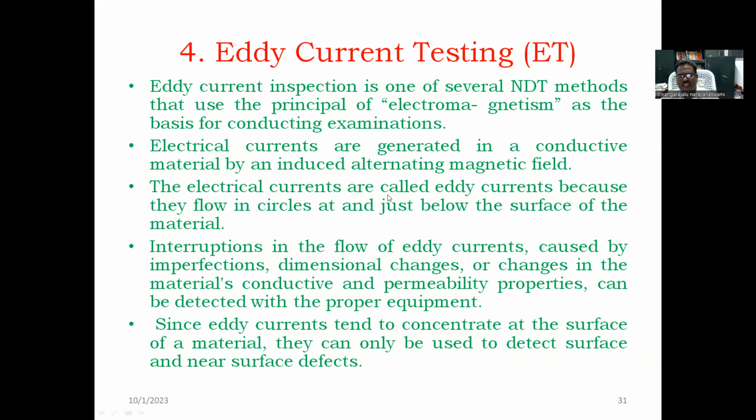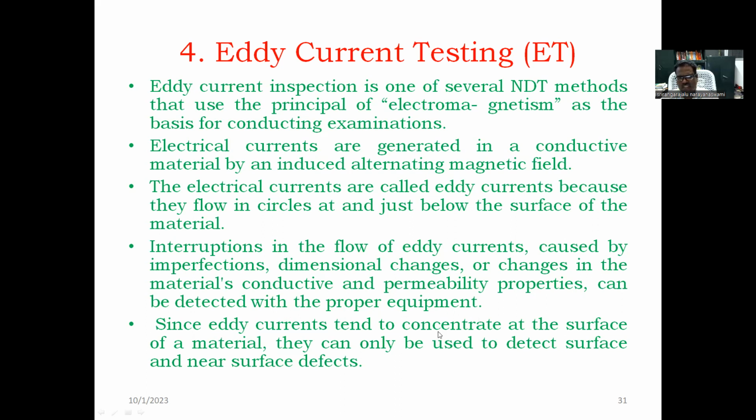The electrical currents are called eddy currents because they flow in circles at and just below the surface of the material. Interruptions in the flow of eddy currents caused by imperfections, dimensional changes, or changes in the material's conductivity and permeability properties can be detected with the proper equipment.